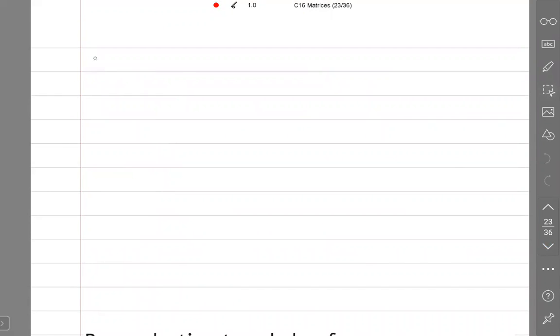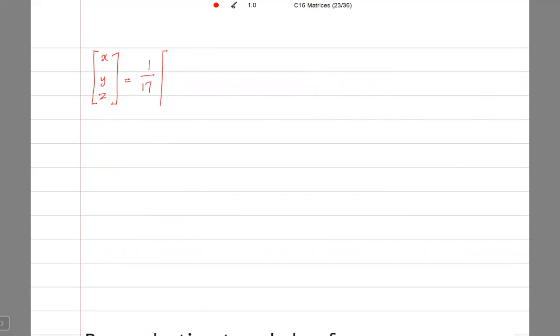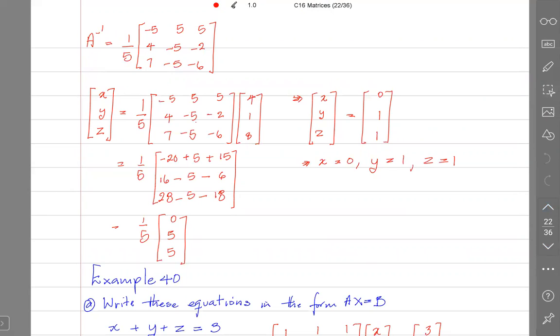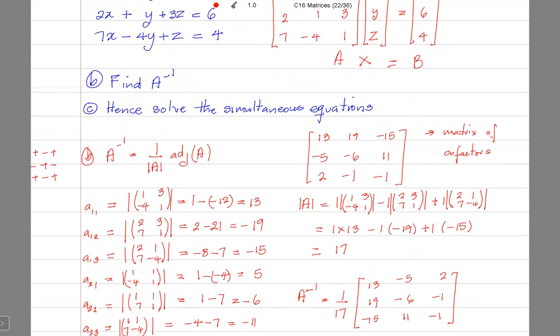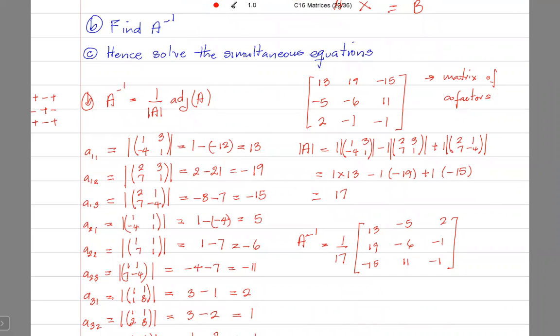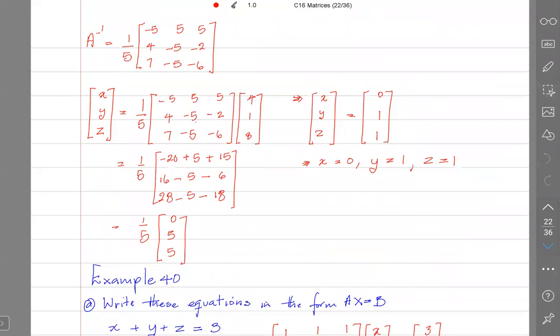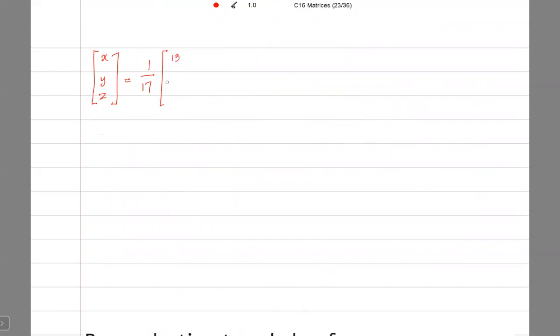The solution of my equation is x, y, z equal to A inverse, 1 over 17, and we have 13, 19, minus 15, minus 5, minus 6, 11, 2, minus 1, minus 1.